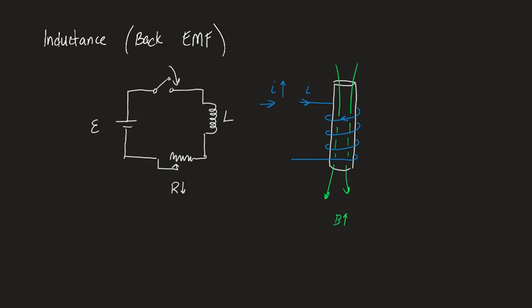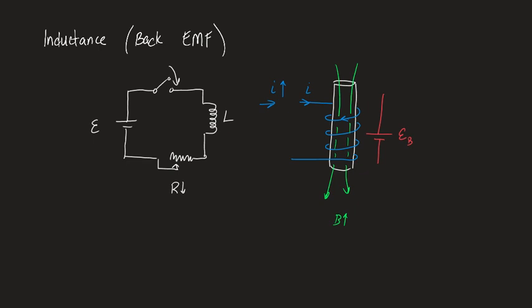Inductance tends to prevent that, or tries to prevent that, which means that during the time that I try to change the resistance, a back EMF will be created to try and prevent the increase in current. And the back EMF will be in this direction to oppose the change in the current.